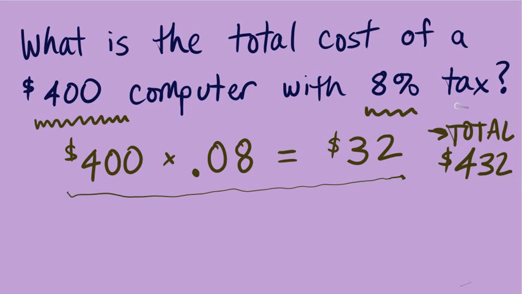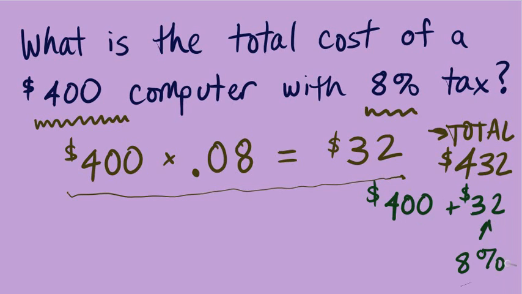To do this, we have to take our understanding of percents just a little bit deeper. When we calculated this total of $432, we were taking the $400 from the computer plus the $32 from tax. The $32 was 8% of the price, and the $400 is the whole price, 100%.